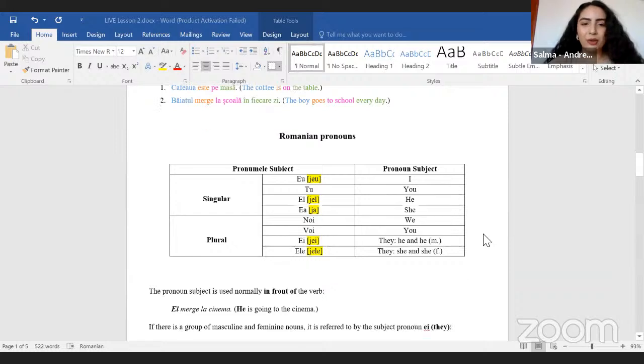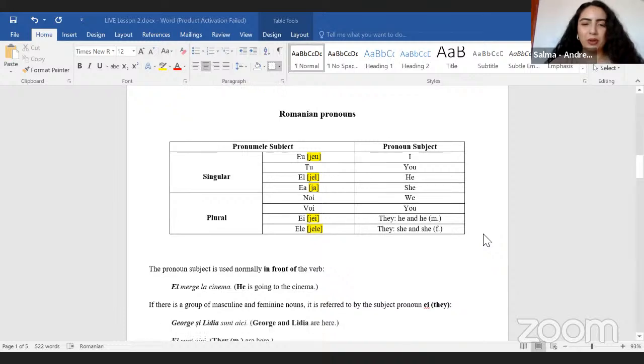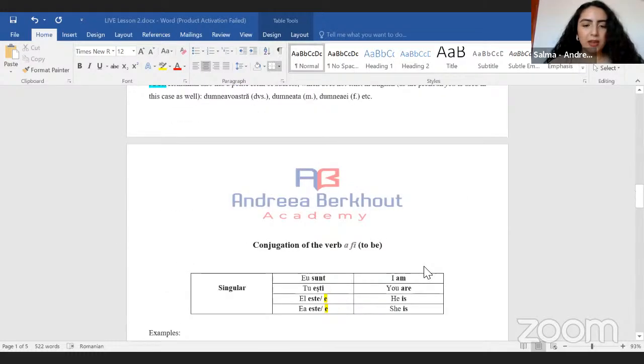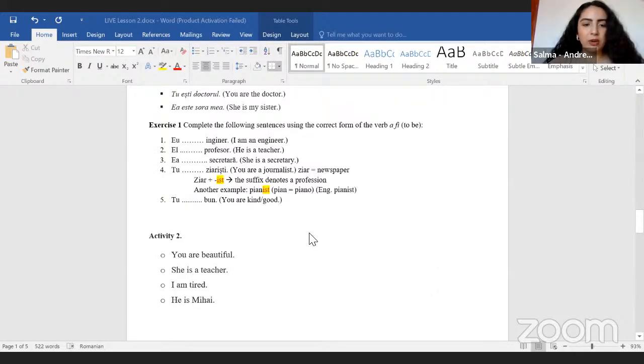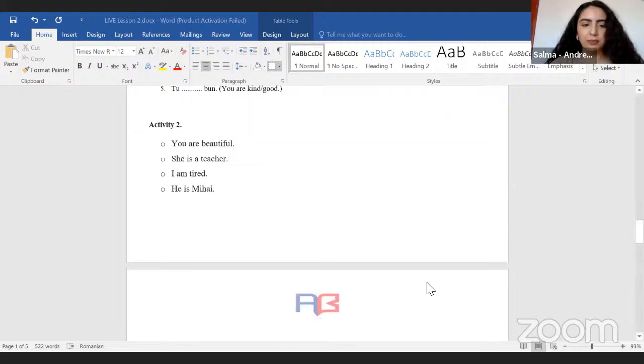And then we are going to dive into some grammatical aspects, but don't worry, we are going to discuss them and you will see that they are not very complicated. And then we are going to conjugate the verb to be, but only in the singular form. Then we are going to do some exercises together and then we will have a similar activity to the one that we've done in the other class.